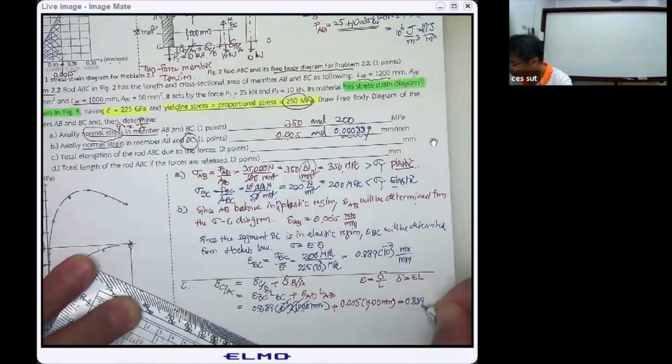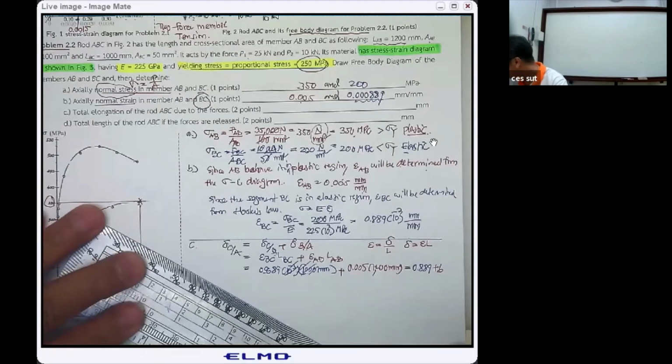And this one is going to be 1.2 times 5, that is going to be plus 6. So what you have from this is 6.889 millimeter.